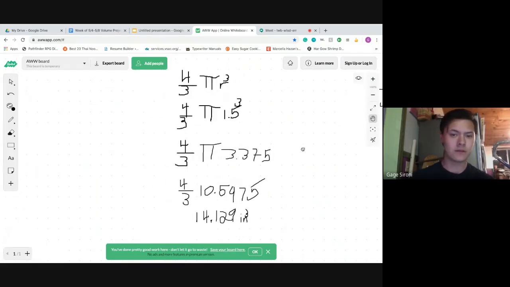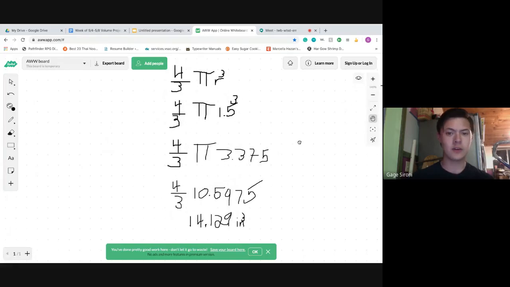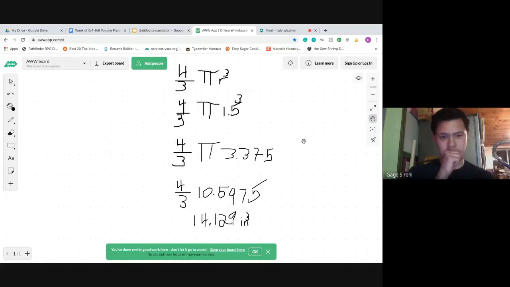All right. Over here we have the formula for the volume of a sphere, which is 4/3 times pi times the radius cubed. This is the most different formula that we've got. Based on my drawing, my sphere over there at the end of the box had a radius of 1.5 inches. I'm going to throw a 1.5 in for r. So we're going to do 4/3 times pi times 1.5 to the third power, which is 3.375.